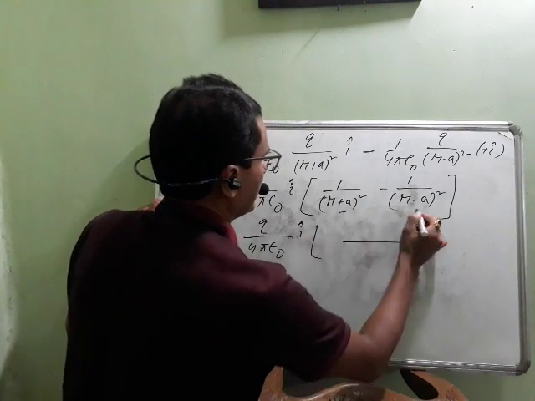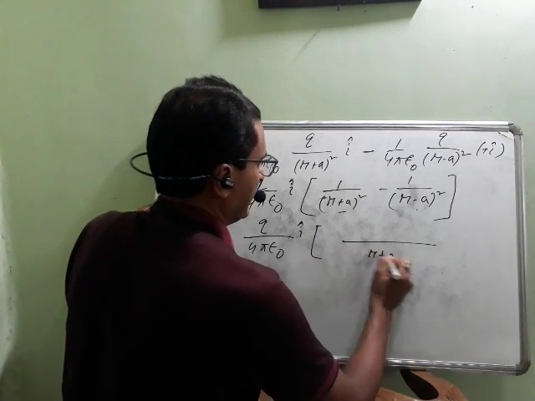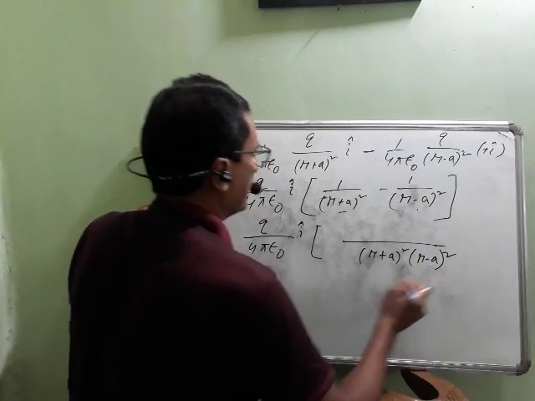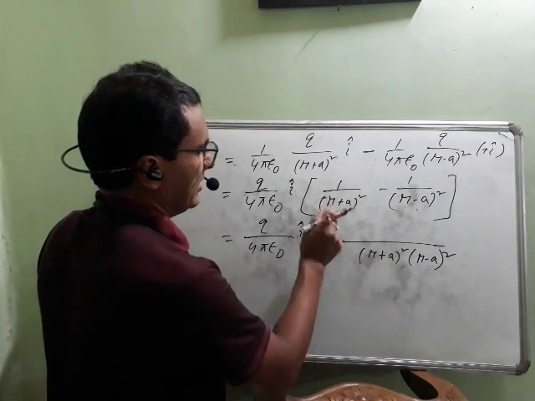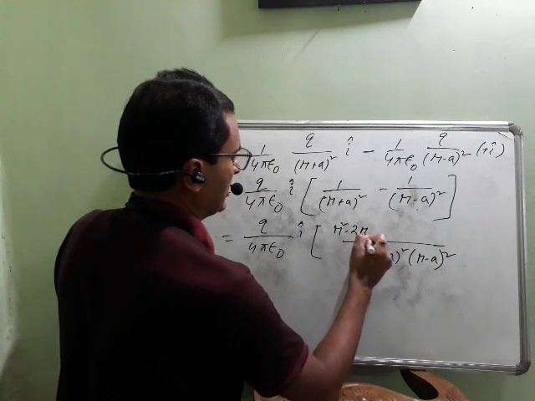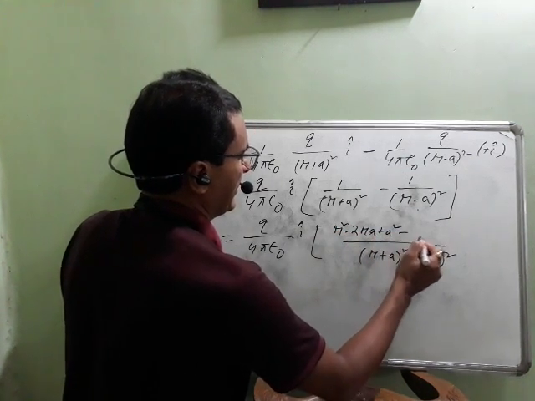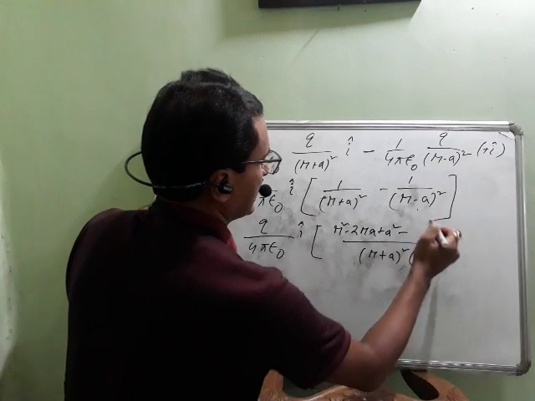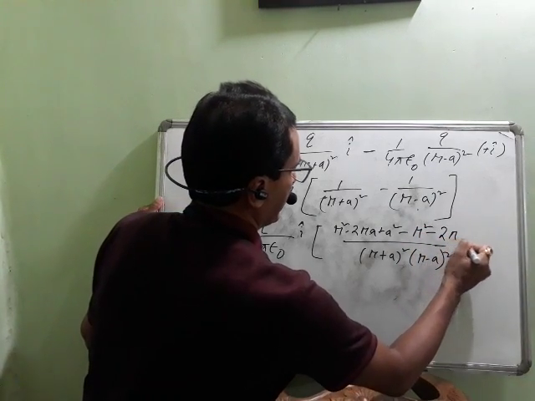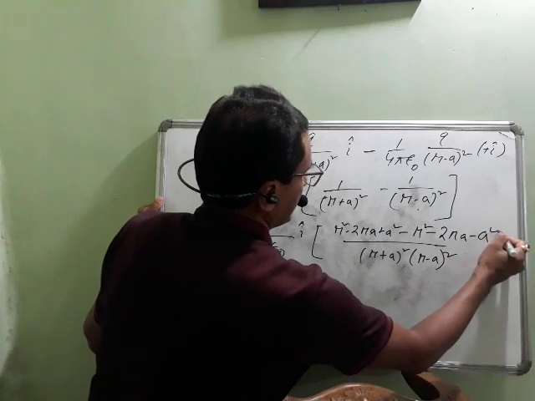What is the LCM? It is (R plus A) whole square times (R minus A) whole square. Now, R plus A gets cancelled, and (R minus A) whole square means R square minus 2RA plus A square, minus this gets cancelled, (R plus A) whole square minus (R square minus 2RA plus A square).